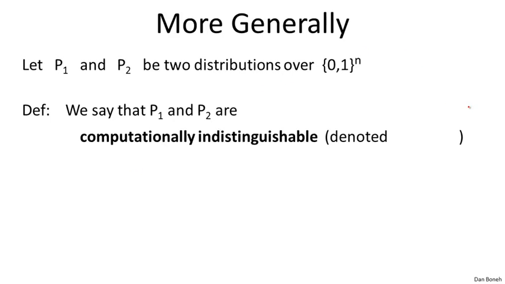Now, before we end this segment, I want to generalize a little bit what we did and introduce some important notation that's going to be useful throughout. We're going to generalize the concept of indistinguishability from uniform to indistinguishability of two general distributions. Suppose I give you P1 and P2, and we ask, can these two distributions be distinguished?